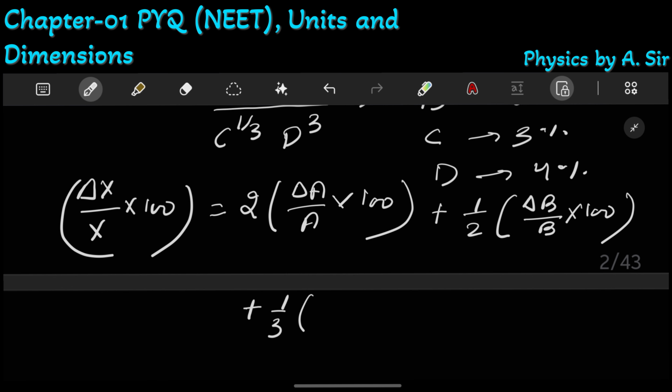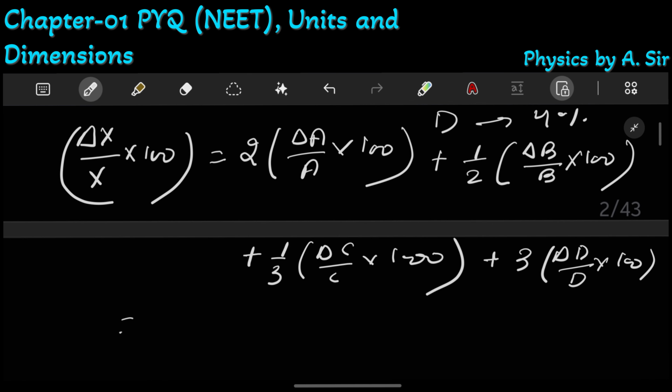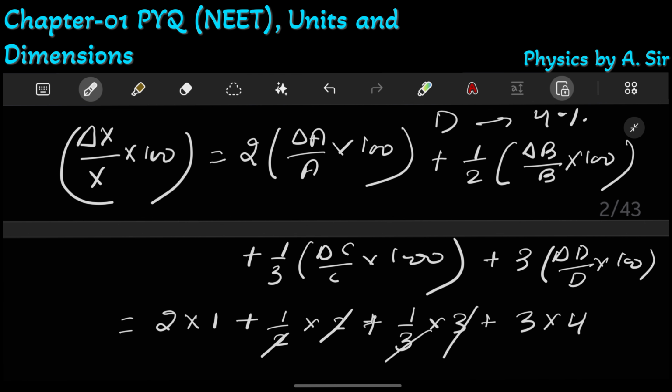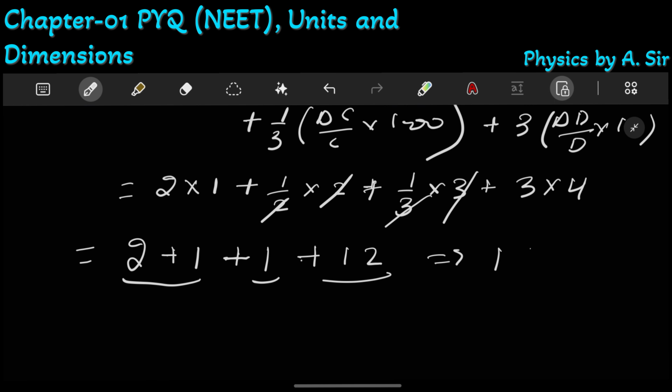So 1 by 3 del c over c into 100 plus 3 del d over d into 100. Okay, so let's put down all the values. 2 into 1 plus 1 by 2 into 2 plus 1 by 3 into 3 plus 3 into 4. So 3 to 3, 2 to 2, and it becomes 2 plus 1 plus 1 plus 12. So it comes out to be 16%.